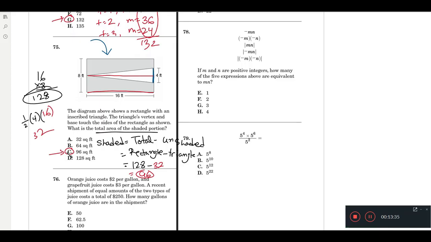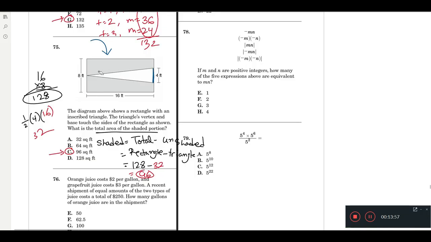Now pay attention to this. If you want to find the shaded portion of the rectangle, you must find the area of the rectangle and subtract the area of the triangle from it. How do you find the area of the rectangle, Rubaya? Length times width. So 8 times 16 gives us 128.